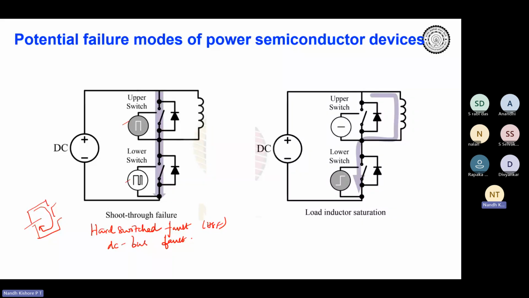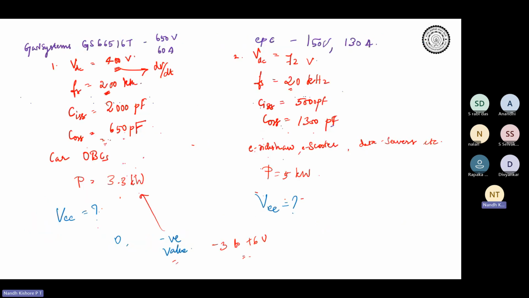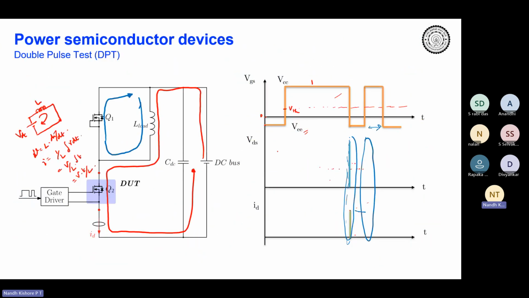The other one is called load inductor saturation, or you also call that a highly inductive fault. You consider the same double pulse test scenario, right? So if let's say this current increases by too much, you're keeping the device on for longer, or if let's say the inductance is somehow reduced, right?